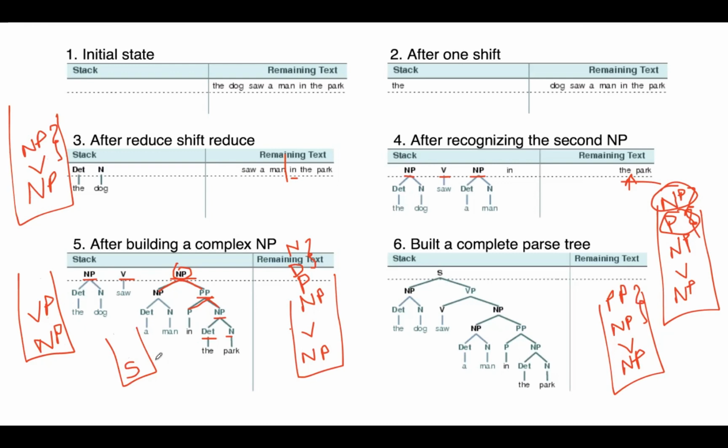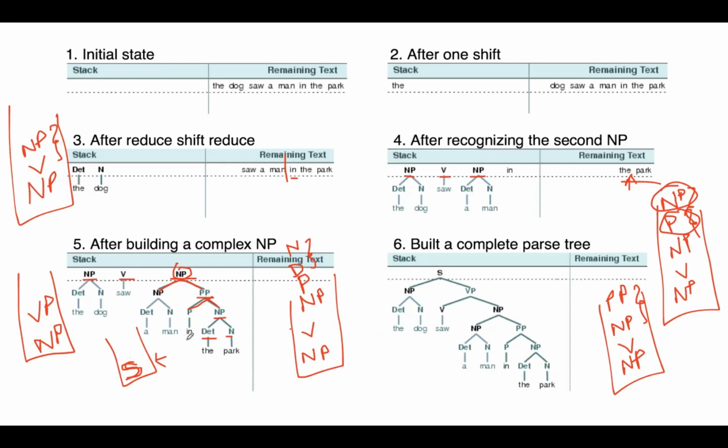So in shift reduce parsing, you need to repeat this process until the stack contains S. As we reach this point where the stack contains only S, you can stop the process.